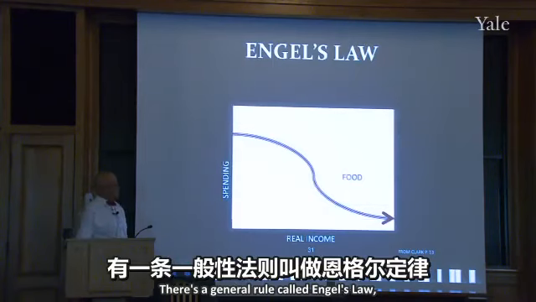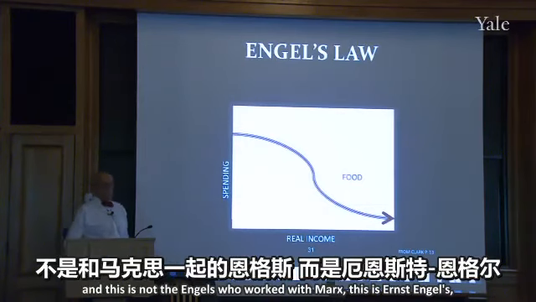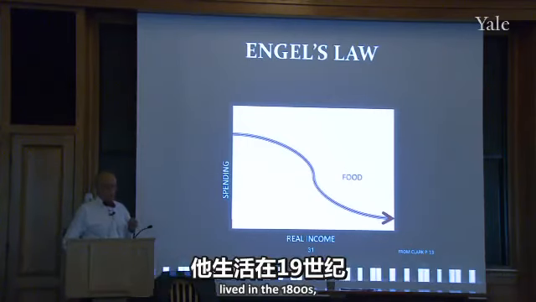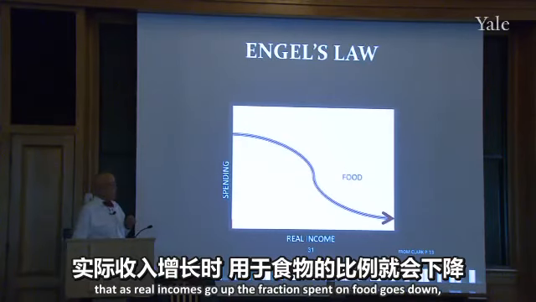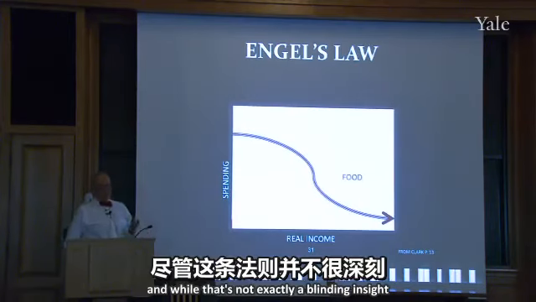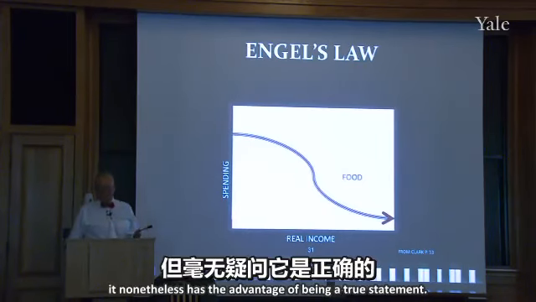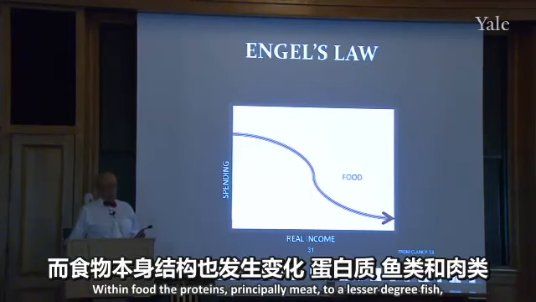There's a general rule called Engels' law, and this is not the Engels who worked with Marx. This is Ernst Engels, lived in the 1800s, that as real incomes go up, the fraction spent on food goes down. And while that's not exactly a blinding insight, it nonetheless has the advantage of being a true statement.